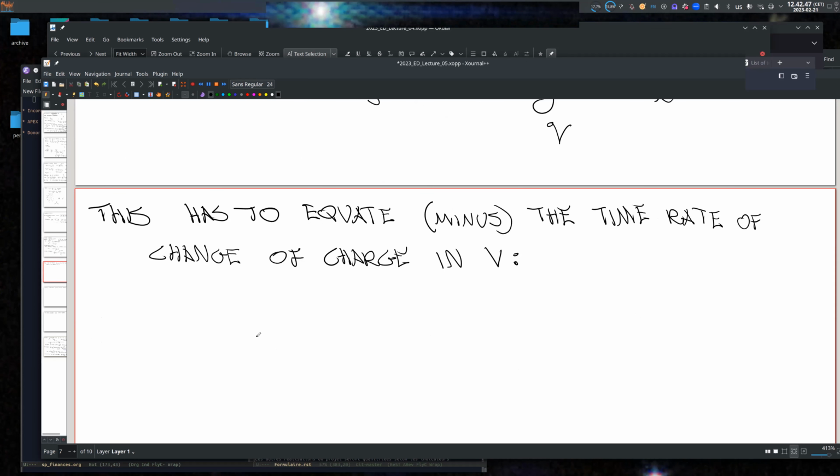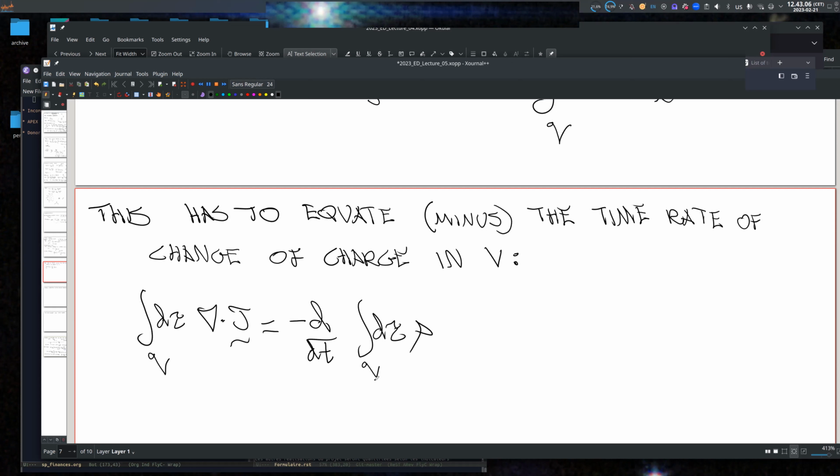It's just minus the time derivative of the total charge inside. So what do I get? I get that the integral over this volume d tau of the divergence of J has to be equal to minus the time derivative of the total charge, which is just the integral over the volume of the charge density, rho, as usual.